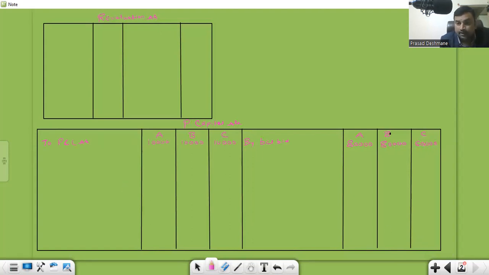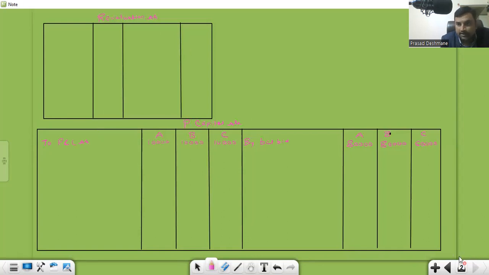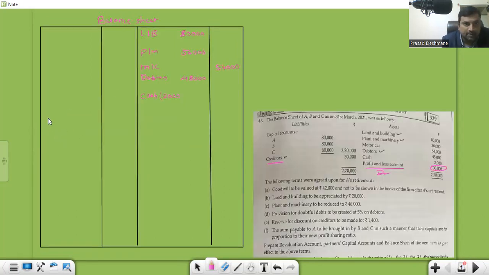Correct? Then under the liability side, we have one more thing which is creditors, 50,000. I'll record that in the balance sheet liability side. I'm leaving 4-5 lines for capital because it's reserved. Creditors is 50,000. That also goes inside because it has a tick mark.